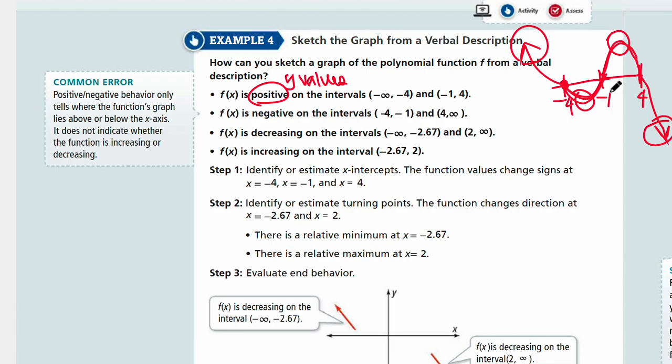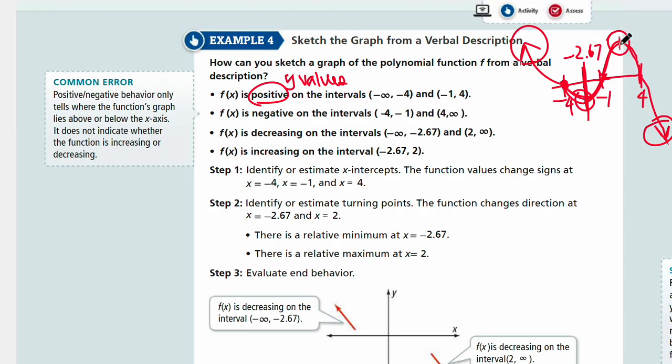And then we want to find exactly where it's decreasing and where it's increasing. It's decreasing on the interval from negative infinity to negative 2.67. So the turning point right here is at exactly negative 2.67. And then it's decreasing from 2 to positive infinity.